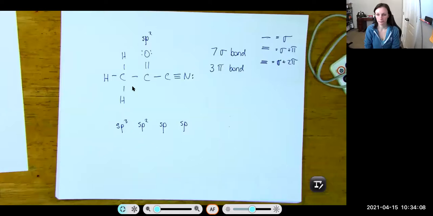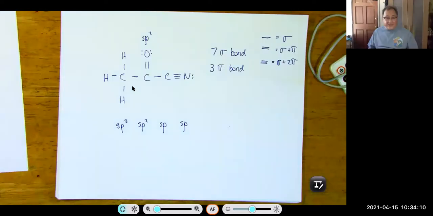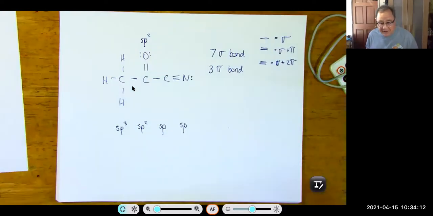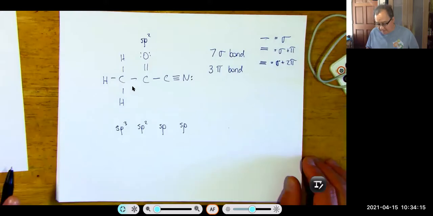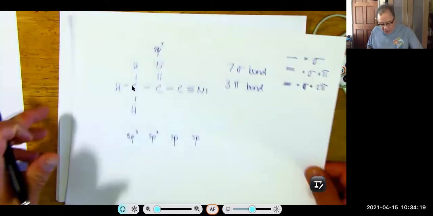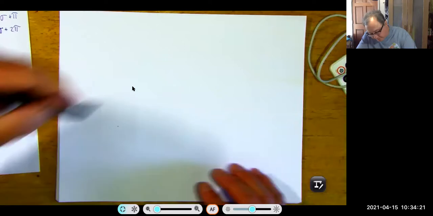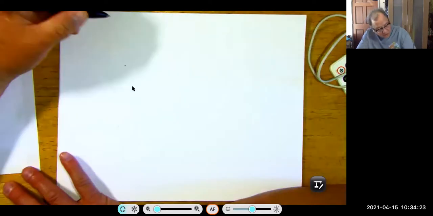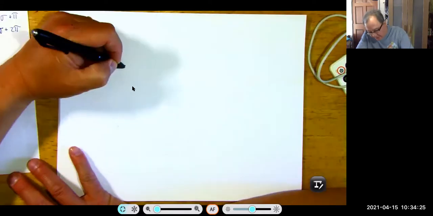So it's real easy to count sigma bonds and pi bonds, agreed? Yeah. Now let's try and draw this. So I'm just going to show you the drawing. We're going to start off with this carbon here.